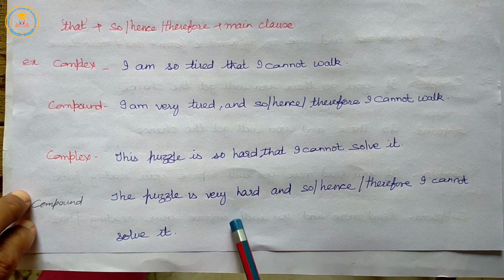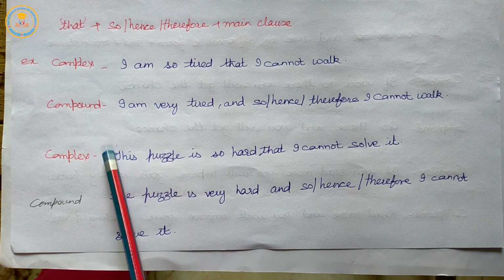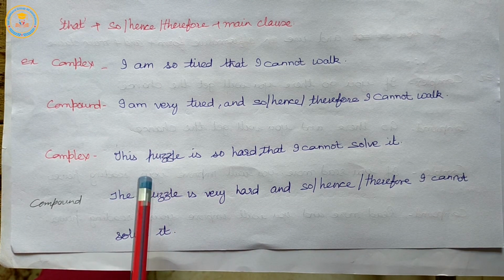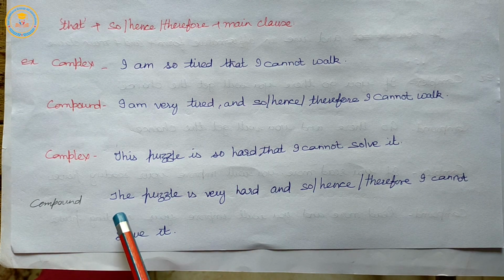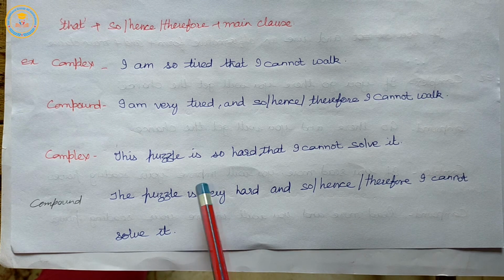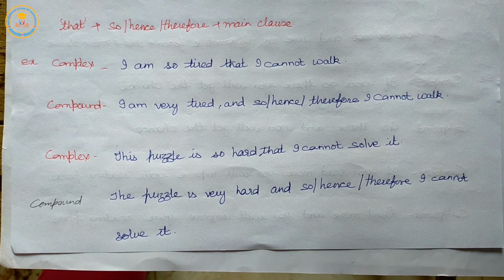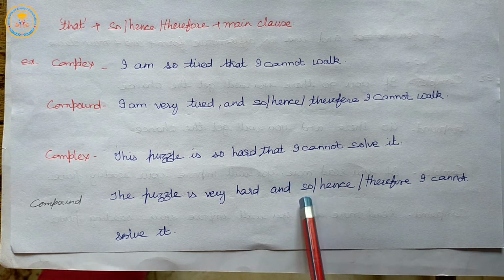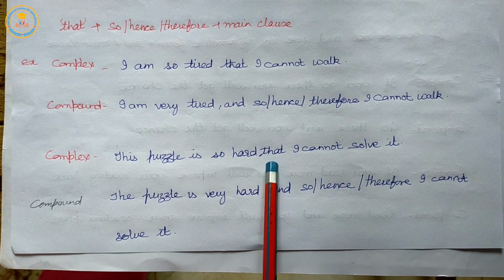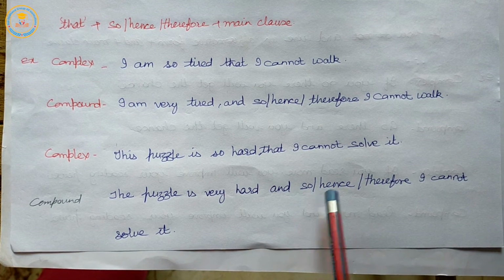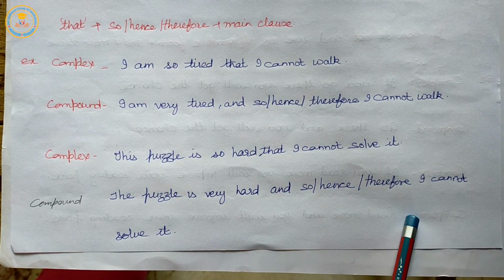So in our tenth rule, we will see that if the complex sentence is having so and that, while transforming it into compound sentence, we will use very in place of so, and we will use and in place of that and use so, hence, therefore.